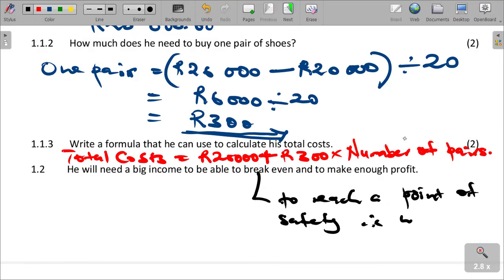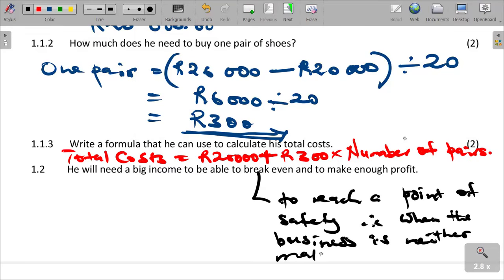That is when the business is neither making a profit nor a loss. When the business is operating at that point, we cannot say that is a safety point, but rather it's a survival stage where the business is managing to cover its operating costs.